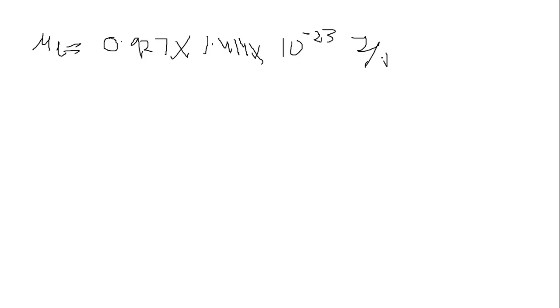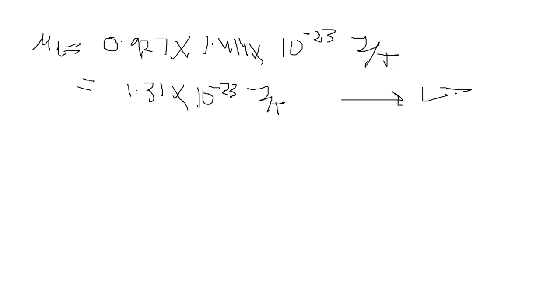So mu L will be 0.927 into root 2, that is 1.414, into 10 to the power minus 23 joule per Tesla. So the value will be 1.31 into 10 to the power minus 23 joule per Tesla. This was for l equals 1.